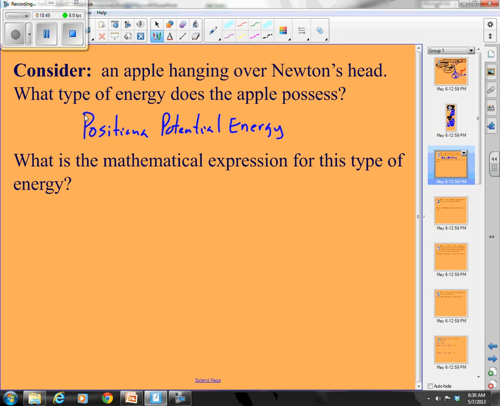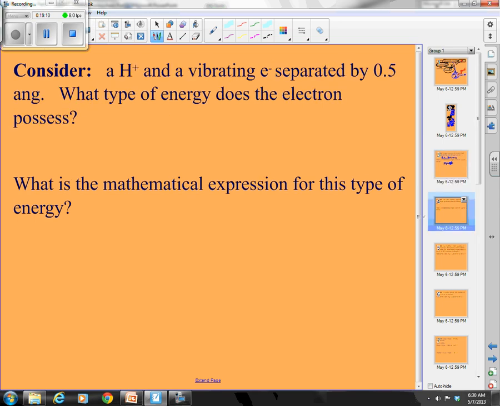What is the mathematical expression? The positional potential energy is equal to mgh: the mass of the apple times the gravitational constant times the distance from the Earth to the apple represents the potential for that apple.